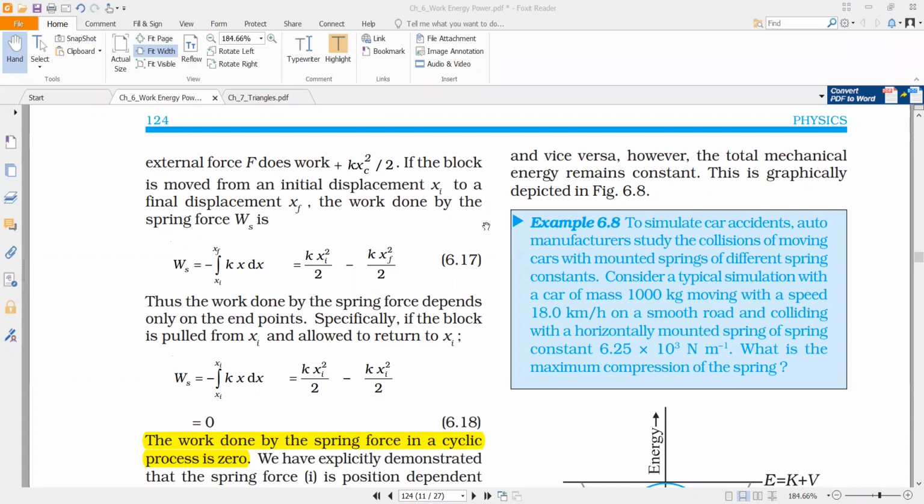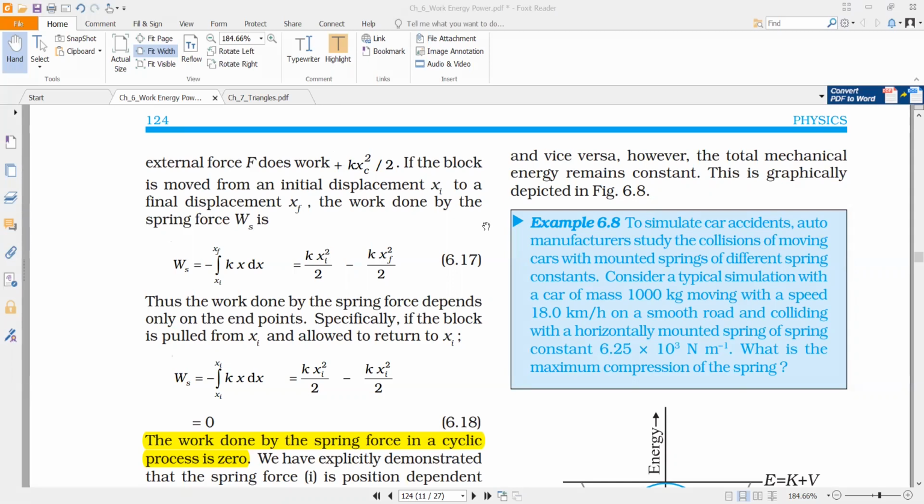Just look into this example 6.8. Now what happens? We have bumpers in the front and back of the vehicle, so as to avoid higher damage during collisions, during accidents.